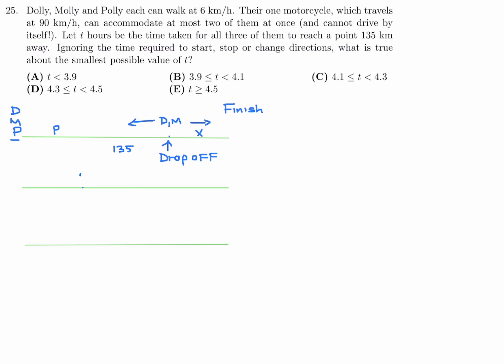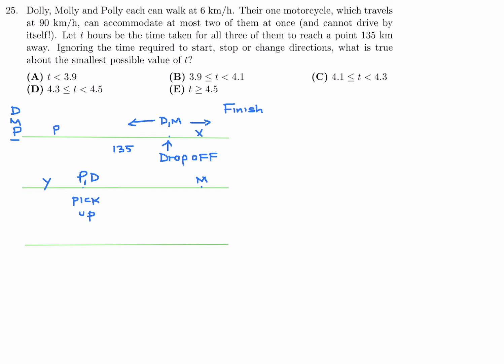And by this point, Polly has walked till about here, right? And then Dolly comes back to pick her up. So this is now a pick-up point. Now the distance that Polly has walked from the start to there, I don't know, so I will call it y. Okay? Meanwhile, Molly is still walking. She is probably pretty close to the finish line. Not sure where, but somewhere around there.